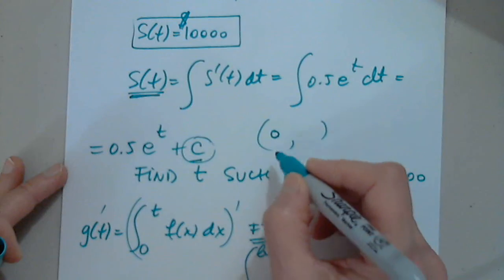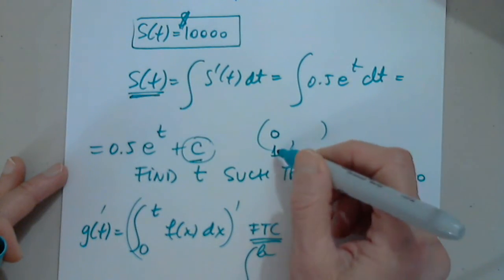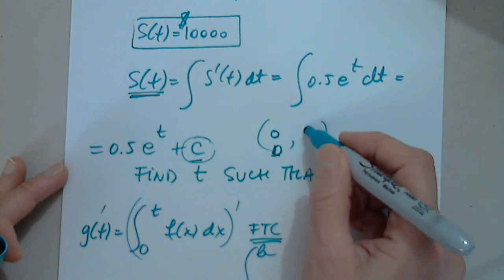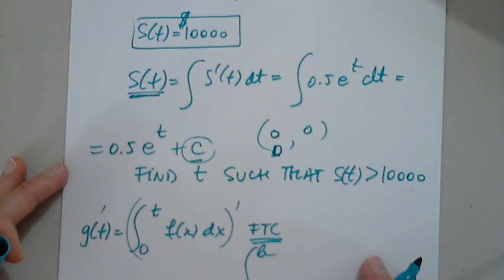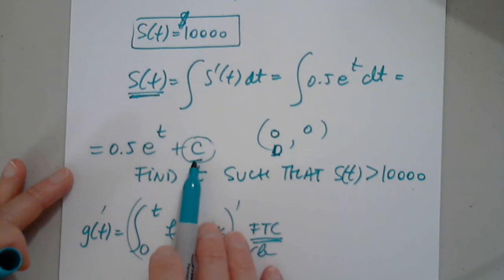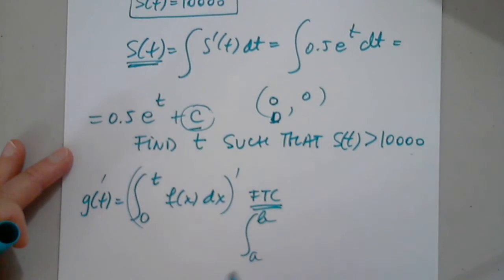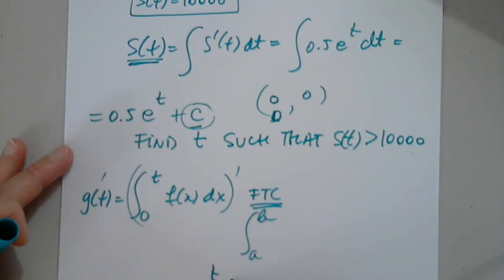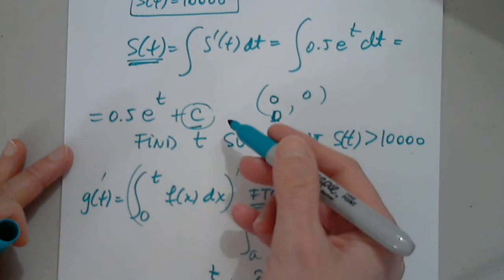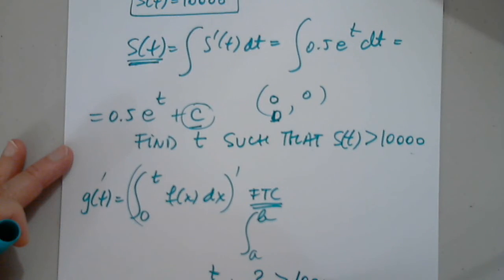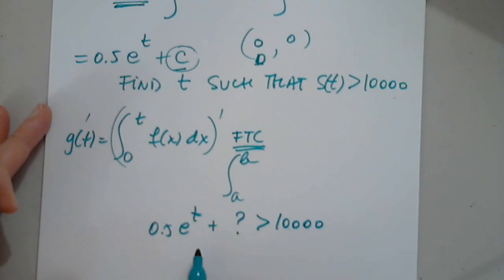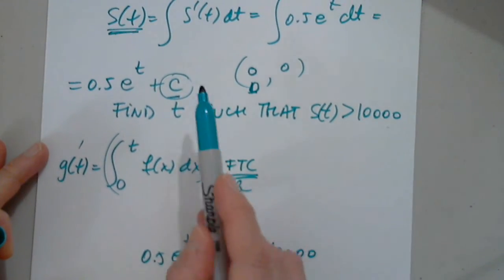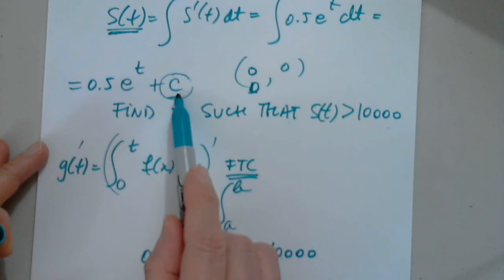So on day 1 or day 0, actually, I have 0. Because I have to determine this, because I have to put it in here. So I have 0.5 e to the t plus whatever C is, greater than 10,000. I can't solve something like this if I have two variables, so I have to make a decision on this.